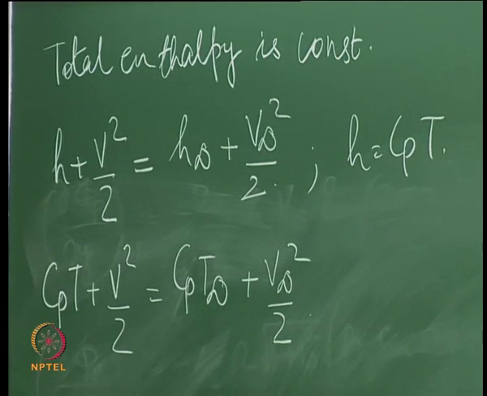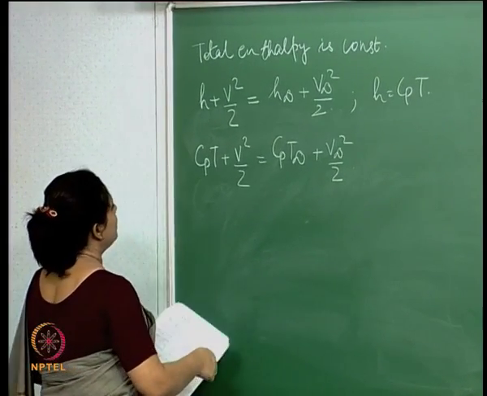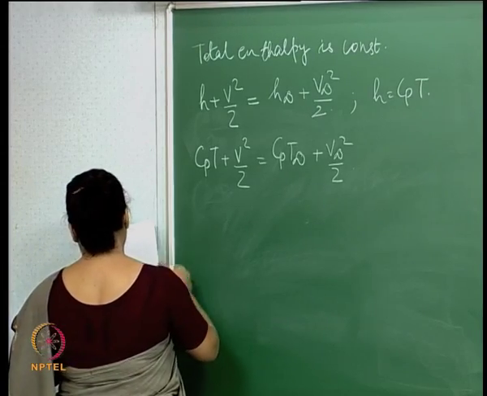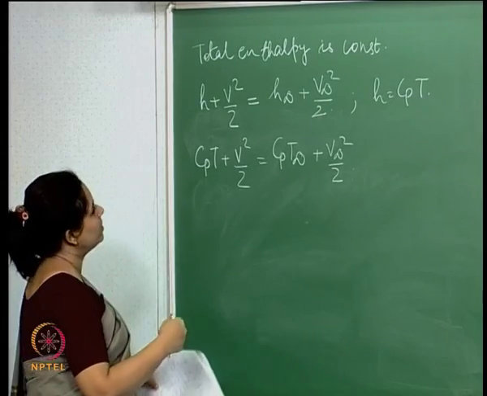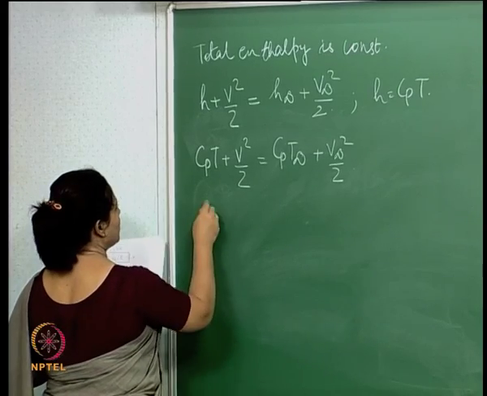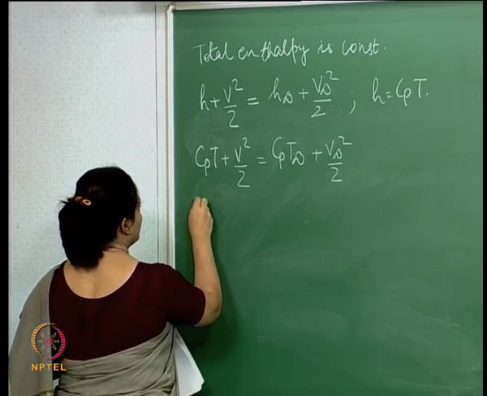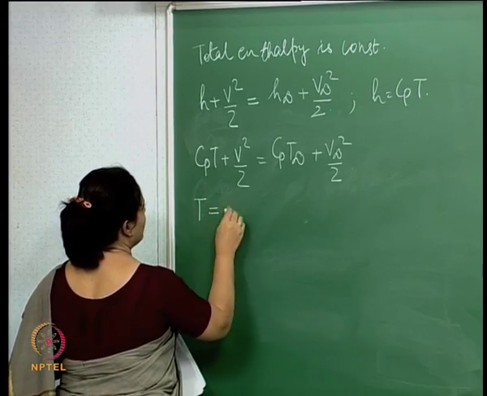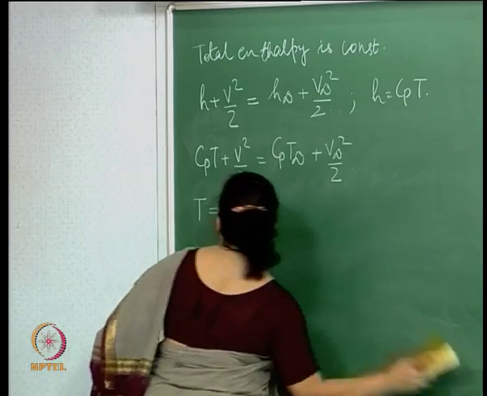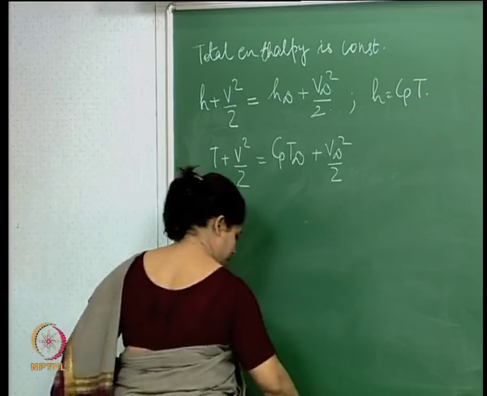Right. So if I do this here, okay, and then, let me not skip steps here maybe. So then what we do over here is divide by Cp, right? So dividing by Cp throughout, what I get is this.